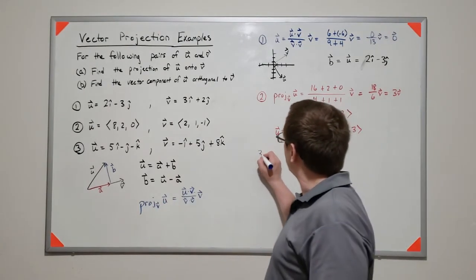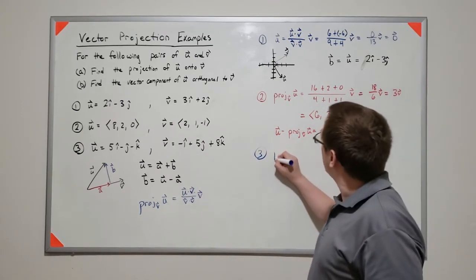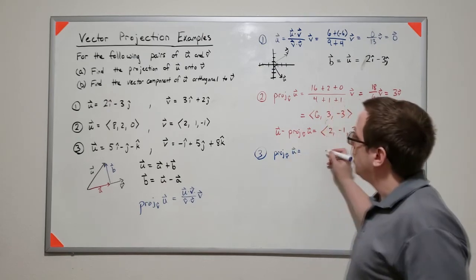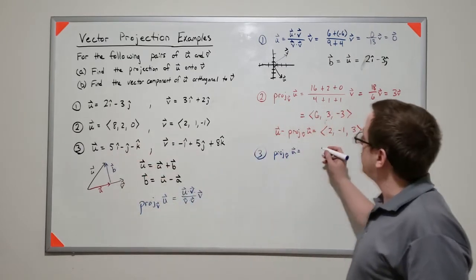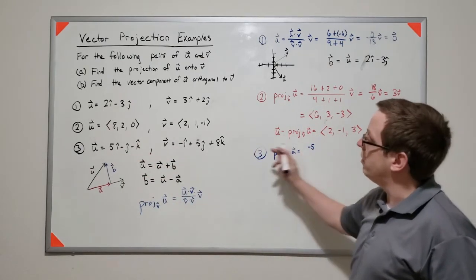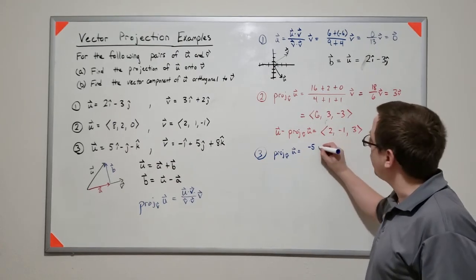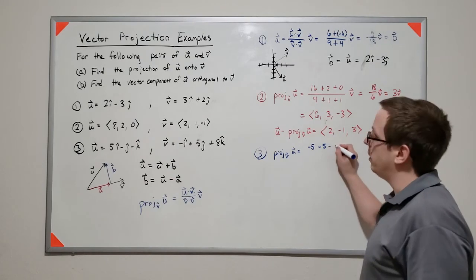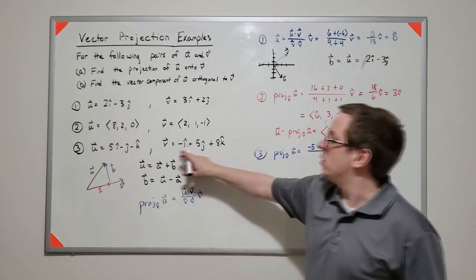And so finally, let's do this one. So the projection of u onto v is negative 1 times 5, so that's negative 5. 5 times negative 1 is also negative 5. And 8 times negative 1 is negative 8. And again, that's u dot v.